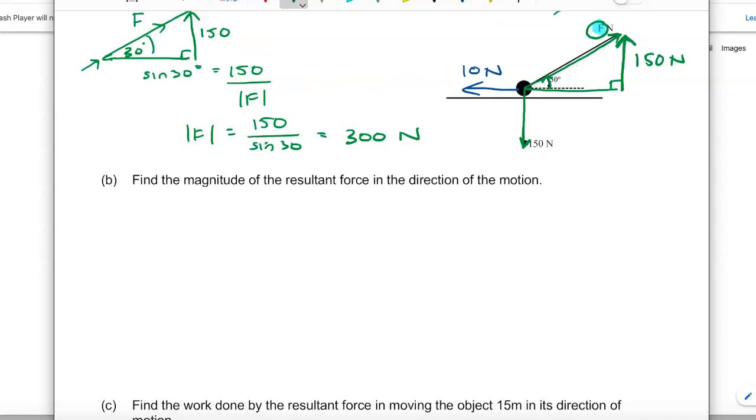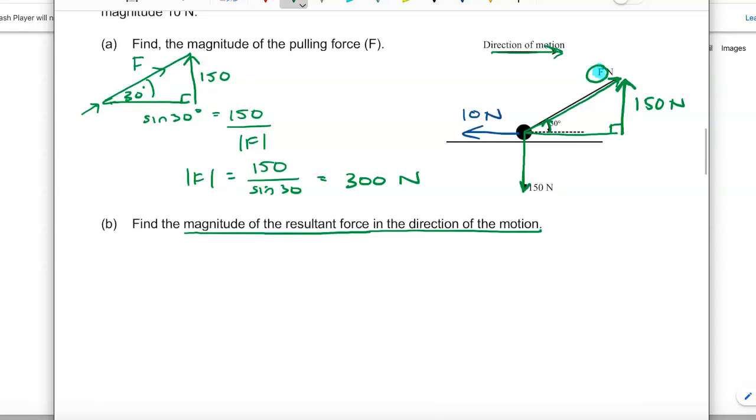What we next want to find is the magnitude of the resulting force in the direction of the motion. So we can see that we've got our direction of motion here. We've got the force that's pulling us at an inclination of 30 degrees, but we also have to remember that we've got this opposing force here.